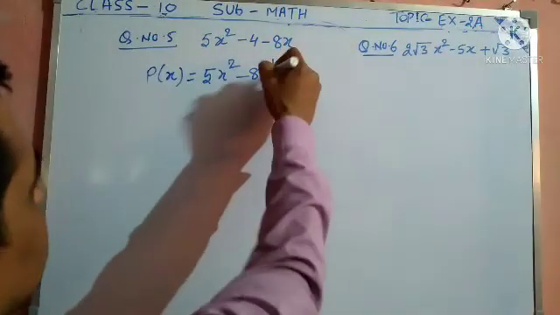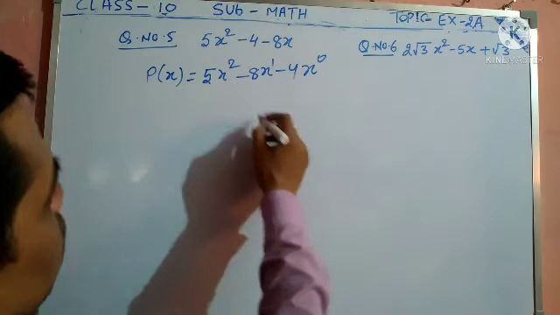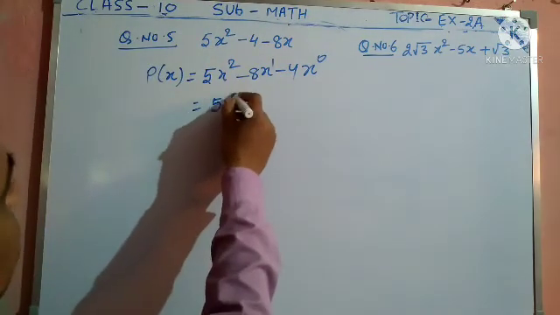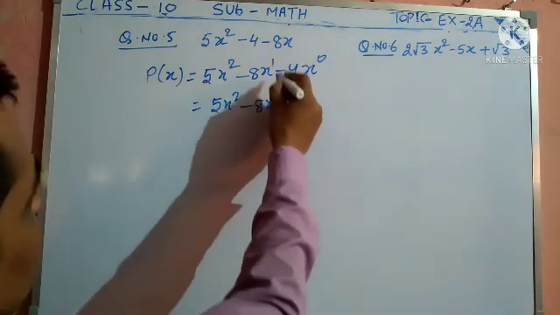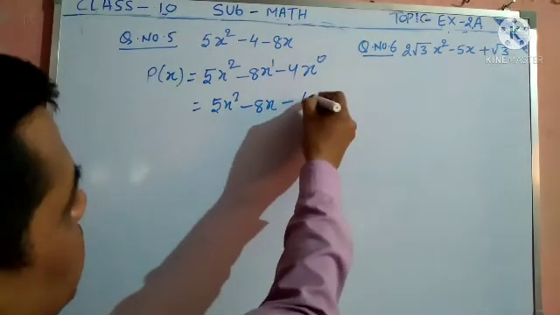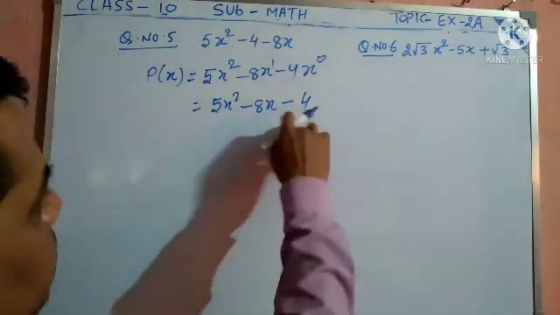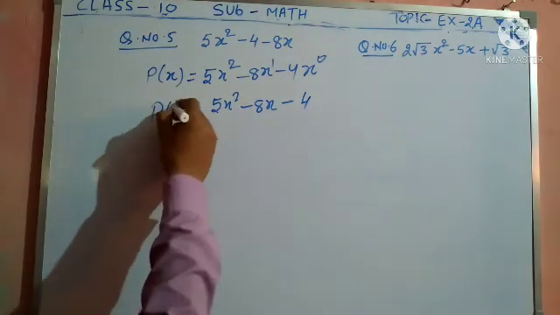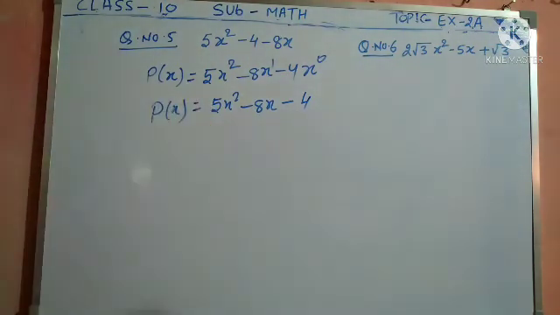That is 5x square and 8x, where the power is 1, and anything to the power 0 is 1. So this is the formation of p of x.